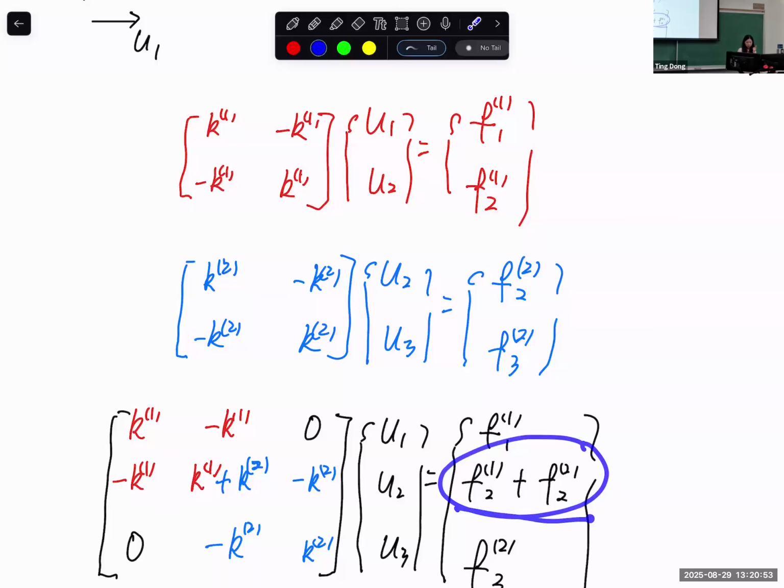So this one is the meaning of these two components: the force applied to node 2 from element 1, and this component means the force applied by element 2 to node 2. Do you agree that since everything is in equilibrium, all the FEA, all the solid mechanics in undergrad, everything is in equilibrium?